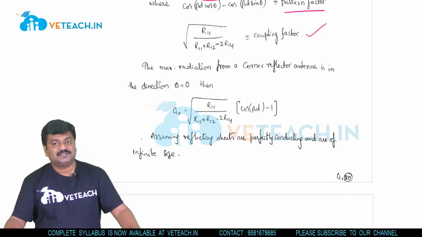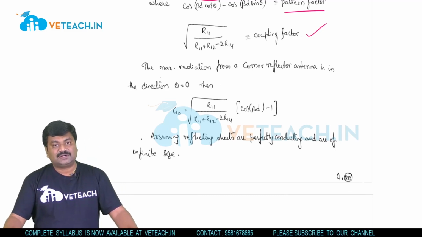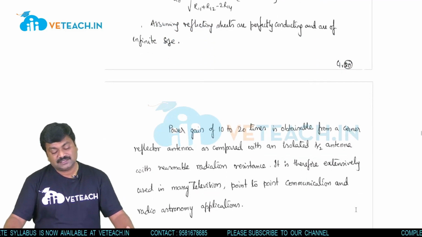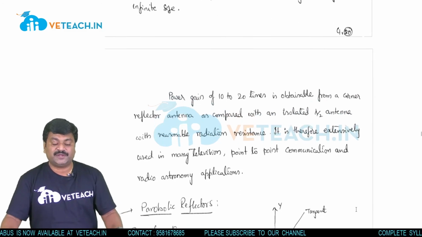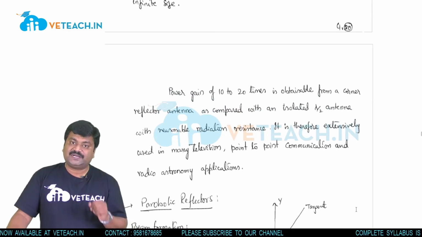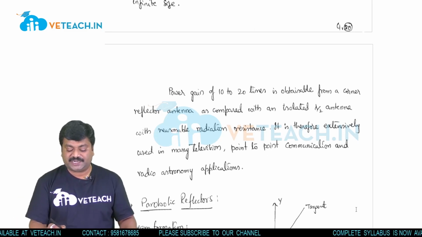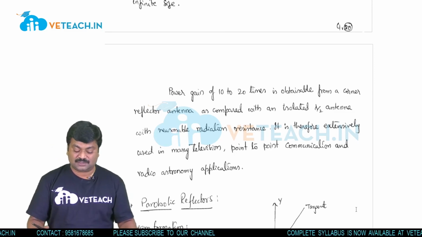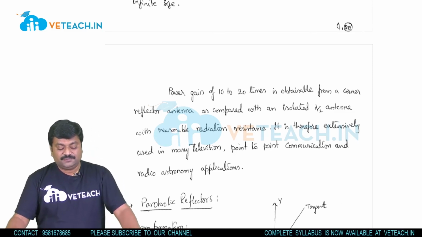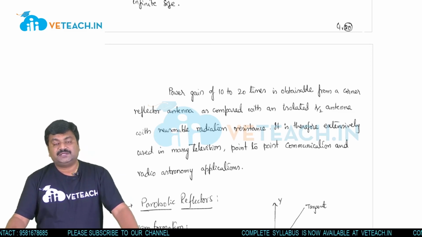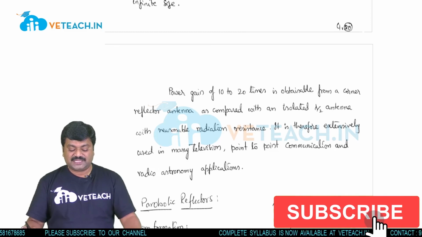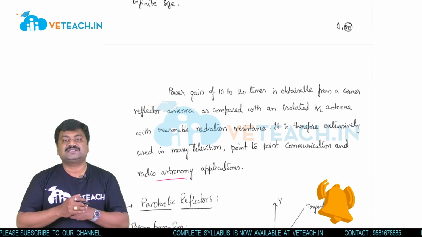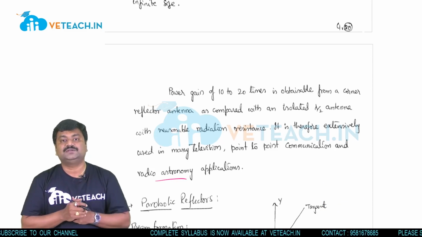Assuming that these conducting sheets or reflecting sheets are perfectly conducting and of infinite size, these formulas are going to hold, and a power gain of 10 to 20 times is obtainable with these corner reflector antennas when compared with normal antennas. And they are used effectively in point-to-point communications as well as in radio astronomy applications, where these corner reflector antennas are used to have effective directivity.